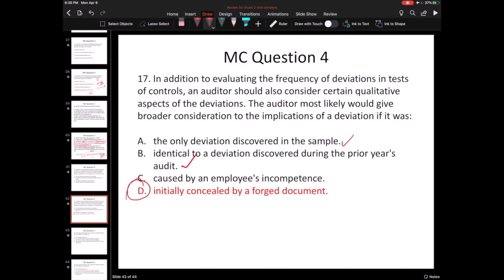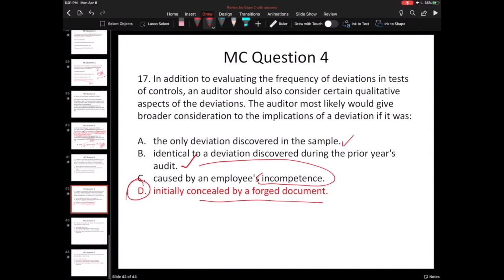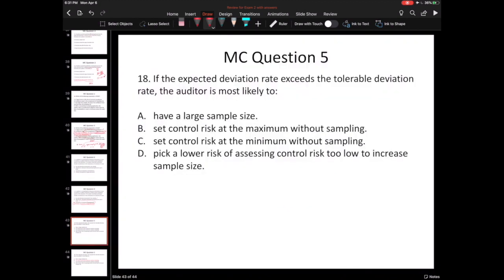It is more consistent with incompetence, or they just don't care. So these things aren't great, but there's always going to be a little bit of this in every organization. Nobody's perfect. Whereas this implies fraud is afoot, so qualitatively this is going to raise a bit of a red flag for me.